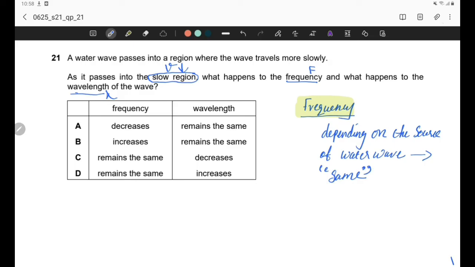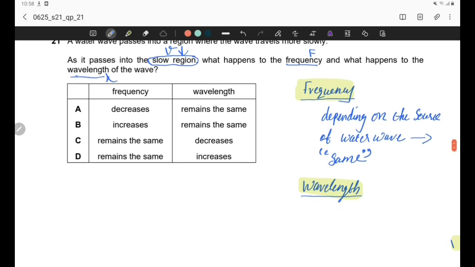Next, about wavelength. What will happen to the wavelength when the speed decreases? To check that, we should use the wave equation: the speed of a wave is the product of its frequency and wavelength. We have already seen the frequency will remain the same, but in this case the velocity is decreasing, so in order to keep the frequency the same, the wavelength of the wave will definitely reduce.